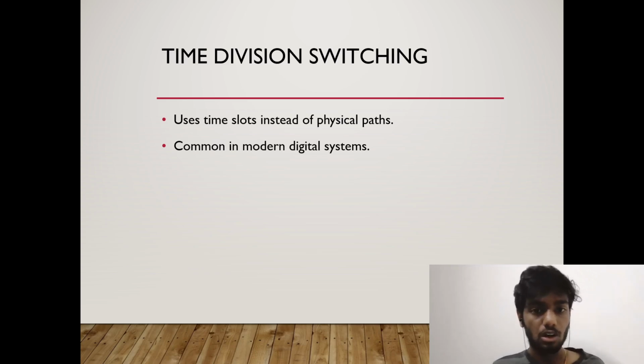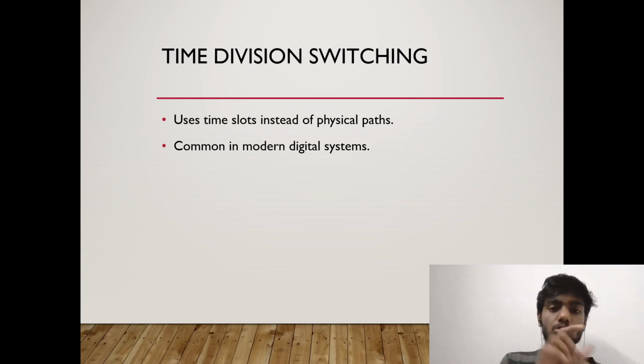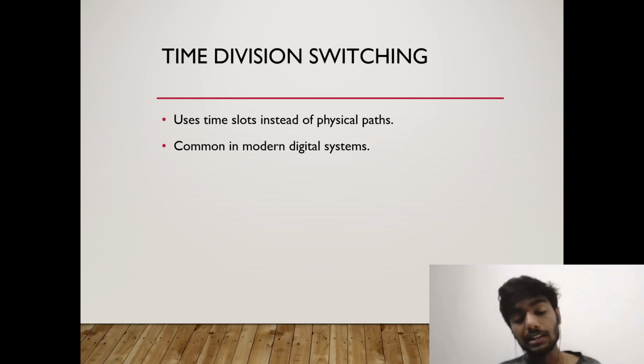It is quite common in modern digital systems. Modern systems use time division switching. Time slots are allocated instead of physical paths, so that it is used only at the mentioned time and not at any other time.